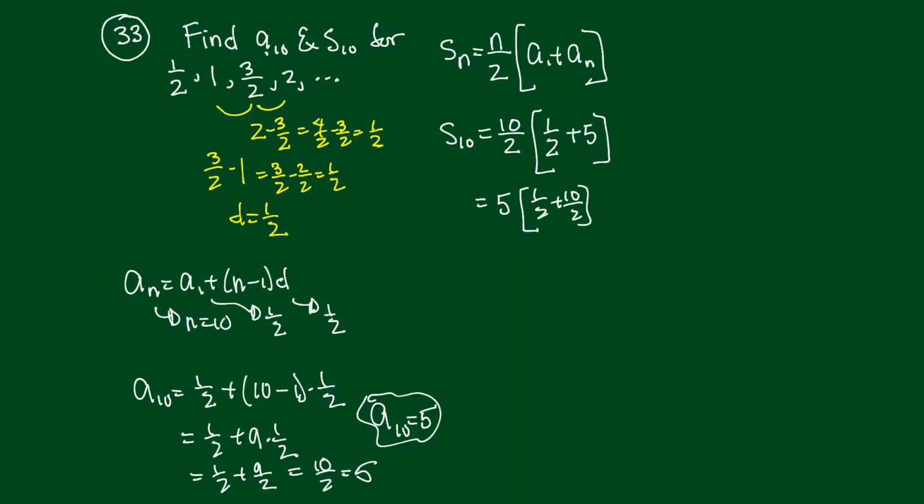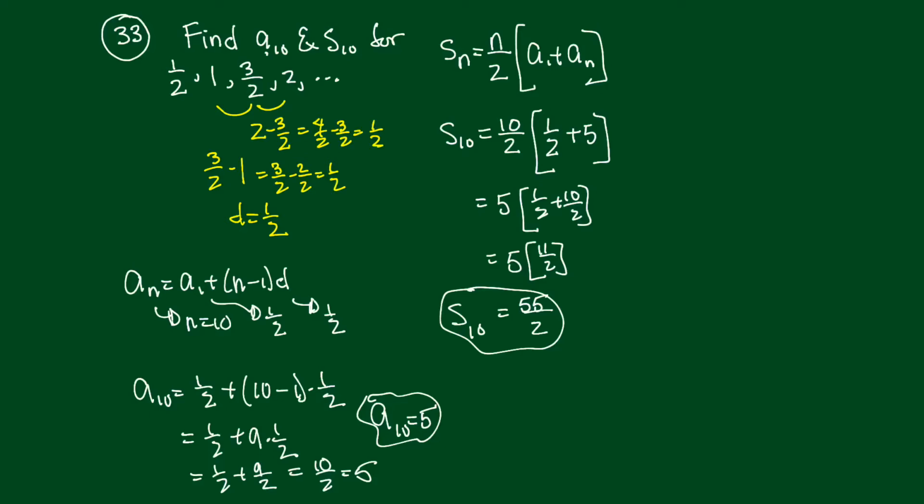I'll get a common denominator here. So this is 5 times 11 halves. Well, nothing cancels, so we're going to get 55 over 2. So the sum of the first 10 terms is 55 over 2.